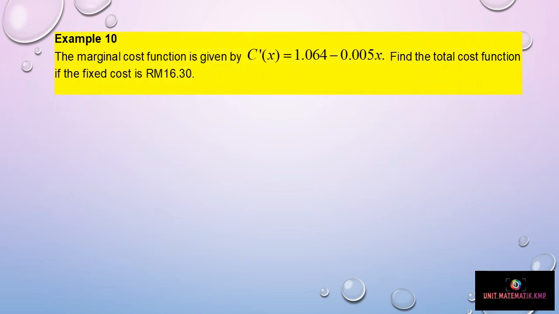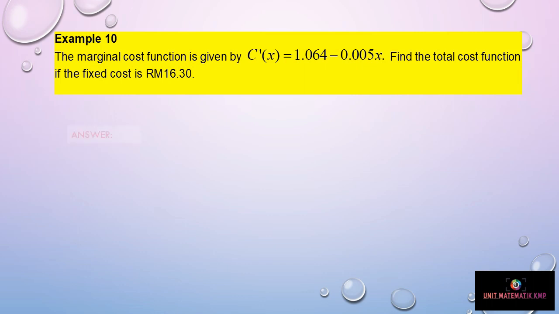Example 10. The marginal cost function is given by C prime x equals 1.064 minus 0.005x. Find the total cost function if the fixed cost is RM 16.30.